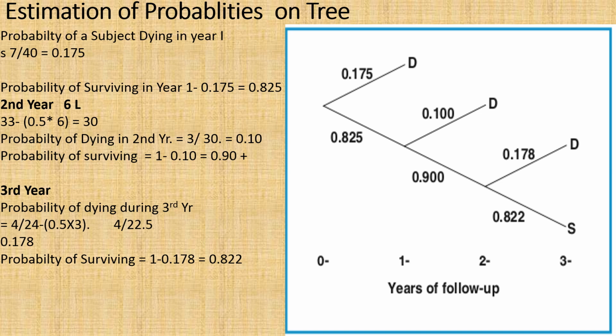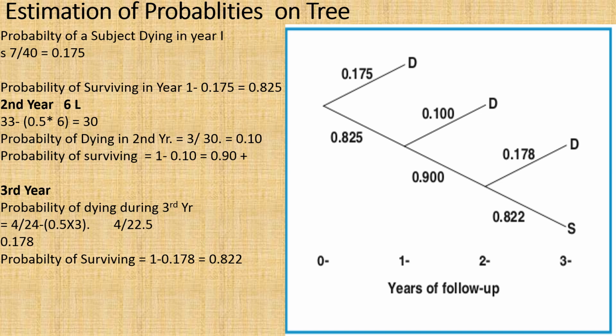So the estimation of probabilities on a tree is calculated as the number of individuals who died, which were 7 over here in the last table. Remember, 7. And over here was 40. So if we divide 7 by 40, we are going to get the probability of 0.175. So the probability of a subject dying in year 1 is written over here, 0.175.